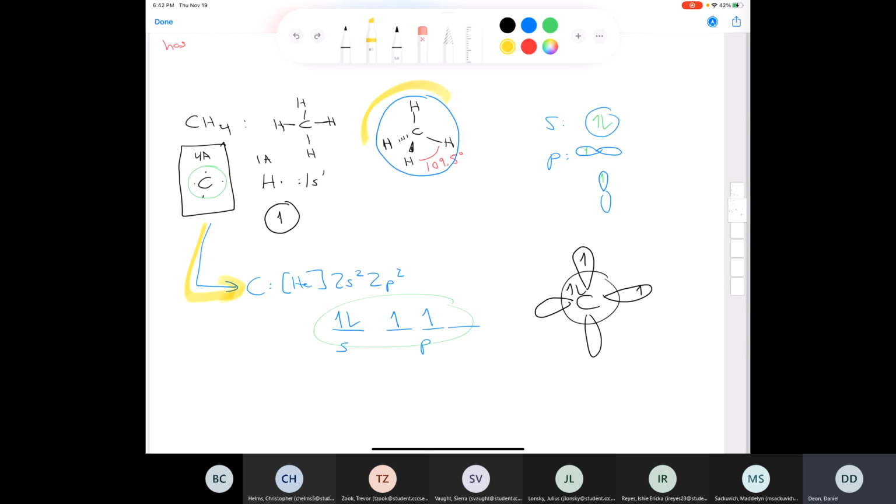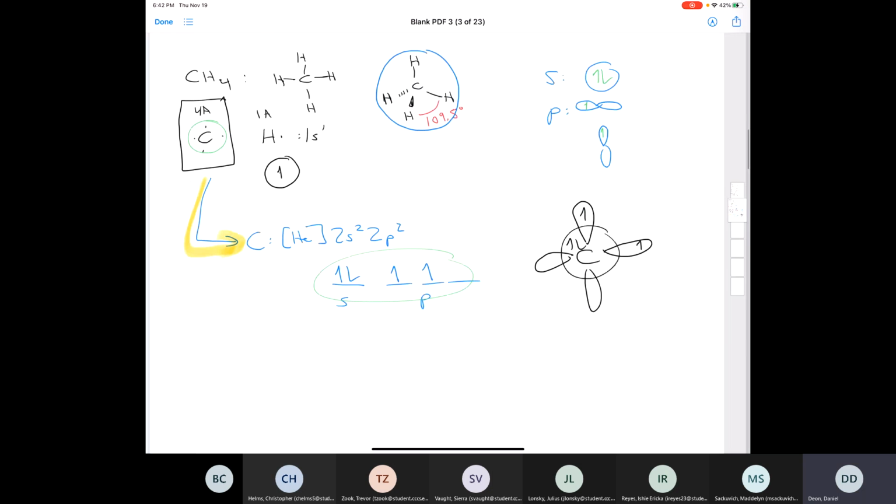How do I explain the tetrahedral geometry of methane? This is how I'm going to do it. What we're going to do is mix some orbitals in a blender, not literally, but figuratively. I'm going to take one of these electrons and move it into a p orbital, because that way I'd have 4 unpaired electrons.